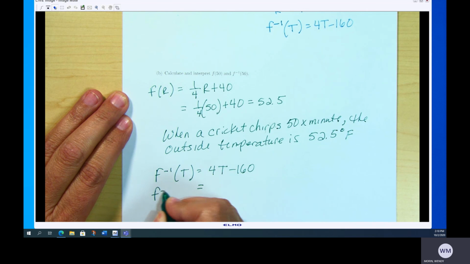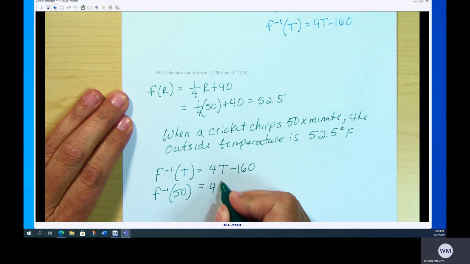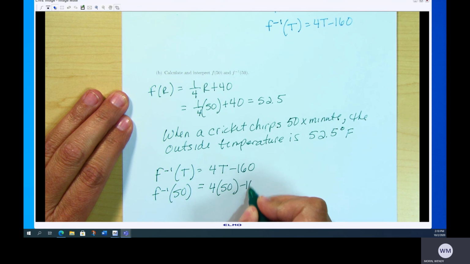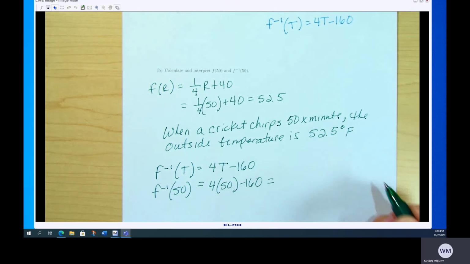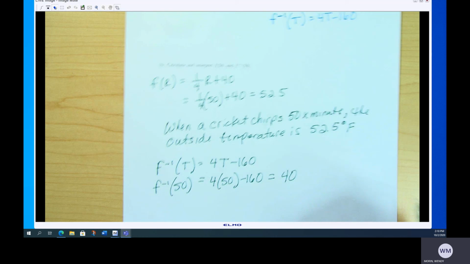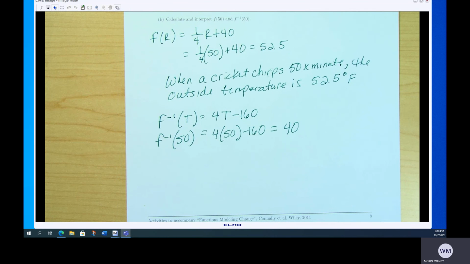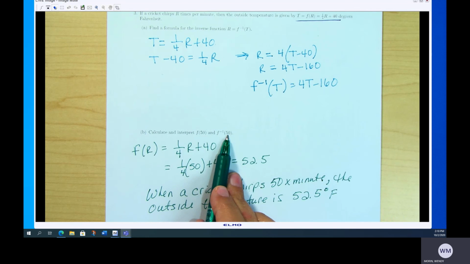So that means that when the temperature is 50 degrees Fahrenheit, we end up getting 200 minus 160, we end up getting 40. 40 what? 40 chirps per minute. So interpret what's given. Again, this is temperature.